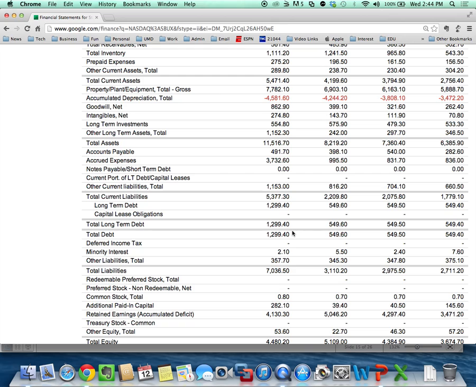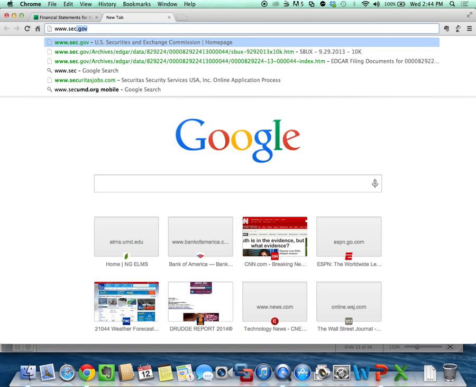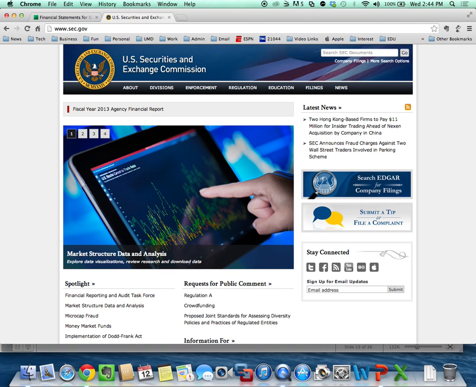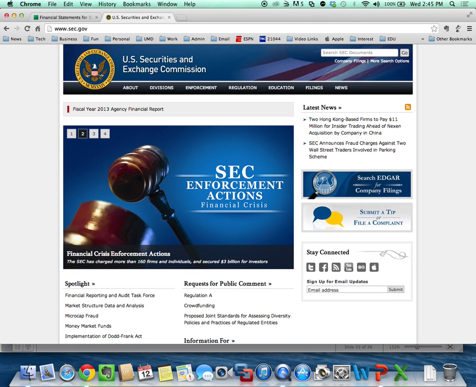So if I value Starbucks, I figure out the value, I subtract the $1.3 billion, I get an equity value, because that's all they reported. Right? But here's the deal. So I open up another tab in my browser, and I go to the SEC website, sec.gov, because where Google and Yahoo Finance and Bloomberg and all these other sites got the information from Starbucks is from the SEC website. So companies have to file their information electronically with the SEC.